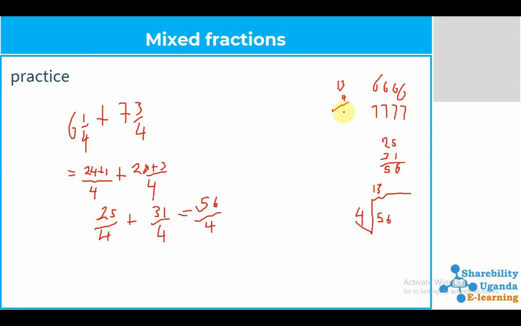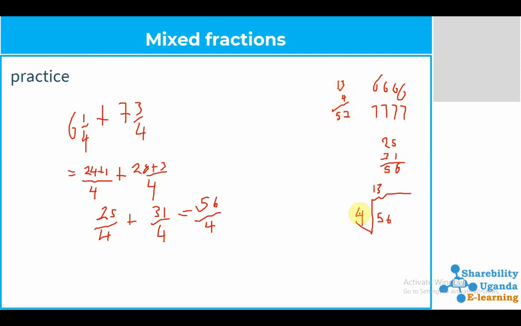4 times 3, it is 12. You write a 2. 4 times 1, we get 4, plus 1 becomes 5.